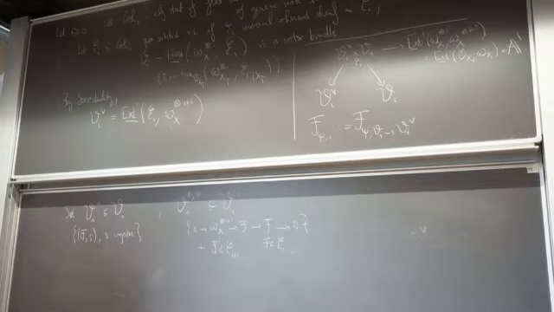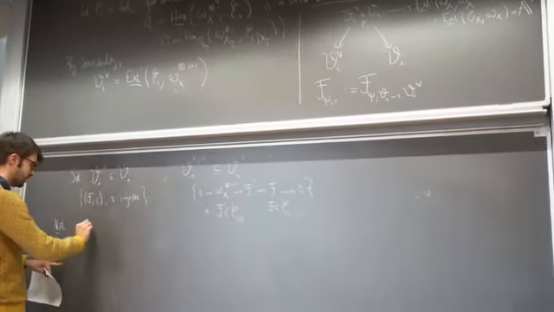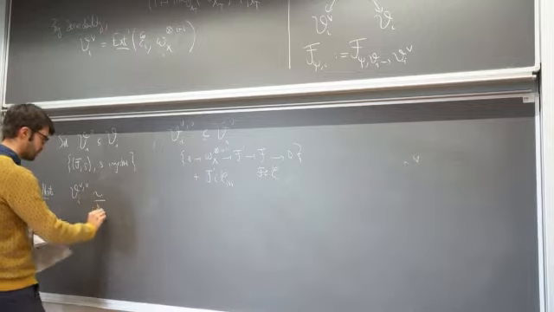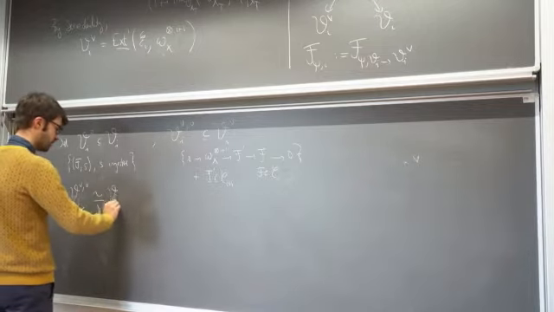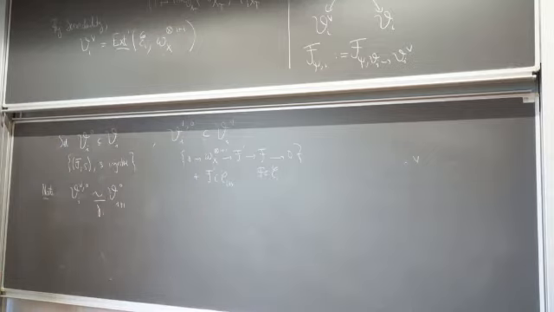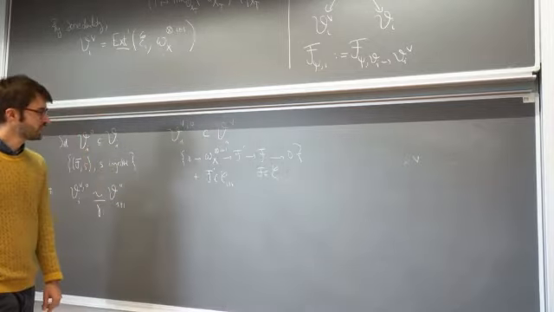Okay, a simple observation is that V_I dual naught is in fact isomorphic to V_I plus 1 naught. Why is that? Well, what is an S-point of this? As I just said, it's such an extension.